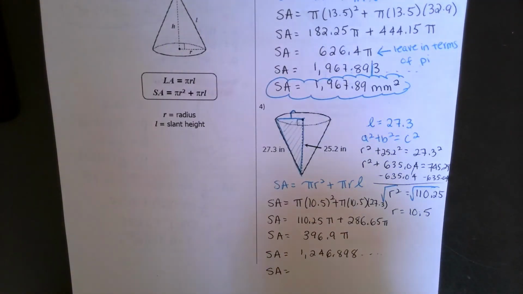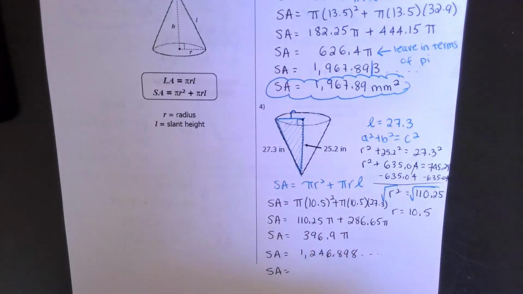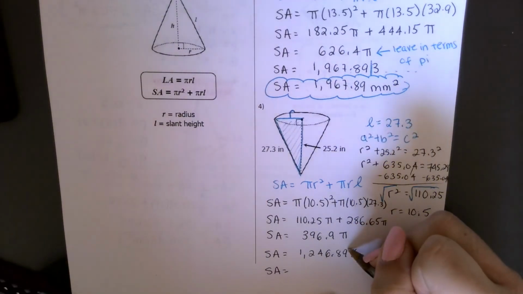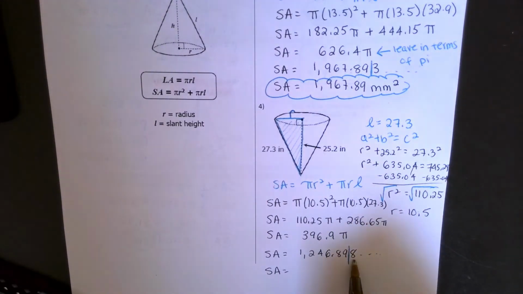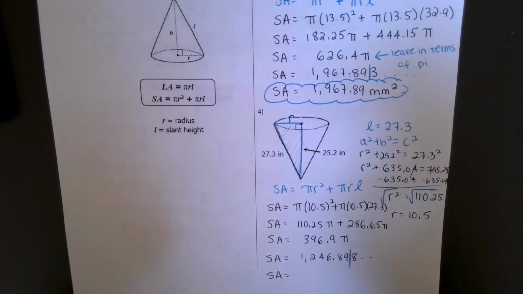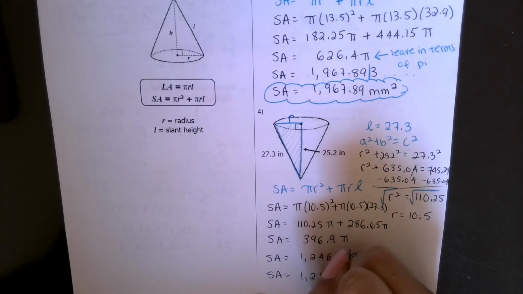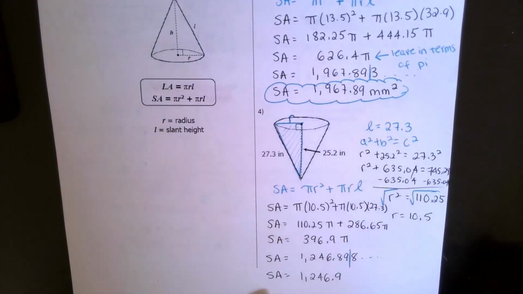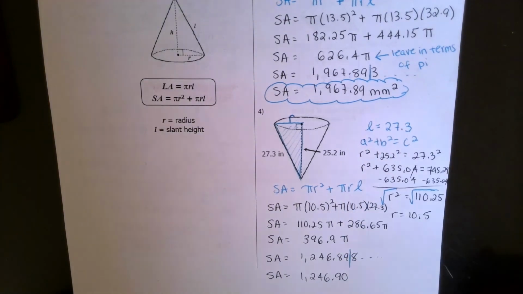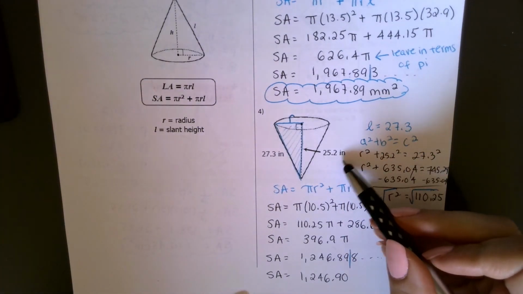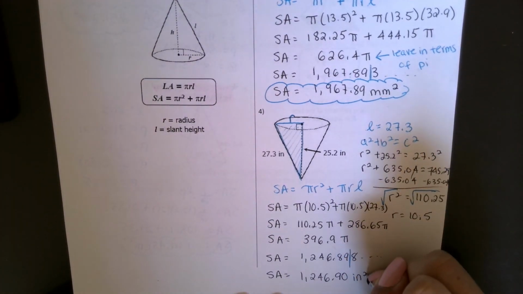Because I want to round to the nearest hundredth, if I stop right here with a 9, because this is 5 or greater, I'm rounding up. So instead of 89, that becomes 90. You can leave it as 0.9, but I'm just going to leave it as 0.90 since I'm going to round to the nearest hundredth. And my units, inches squared.